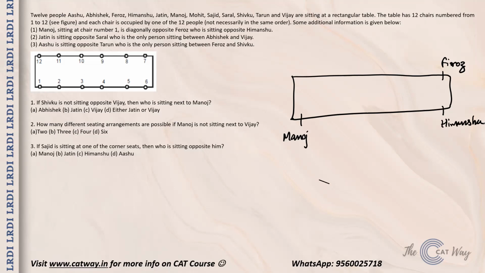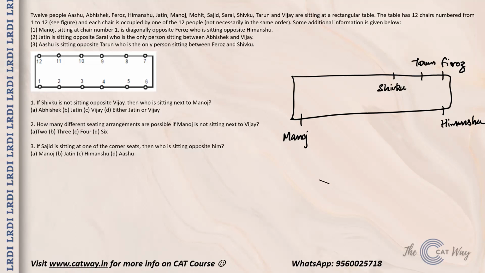So the third point tells you that Ashu is sitting opposite Tarun, who is the only person between Firoz and Shivku. Now Tarun is the only person between Firoz and Shivku. That means Tarun will occupy the seat labeled as 8, and Shivku will occupy the seat labeled as 9.